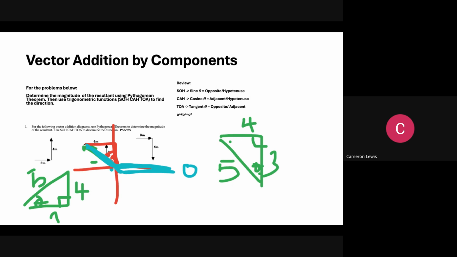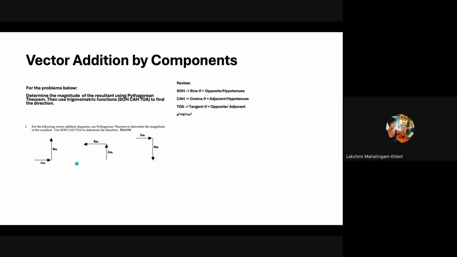Because technically 5 meters at 53 degrees is really northeast. But is this vector going northeast? Look at it. No. It's going northwest. So how would I be able to describe it as going northwest? I have to talk about it in regards to the other 4 quadrants. So now I'm looking for this angle here.